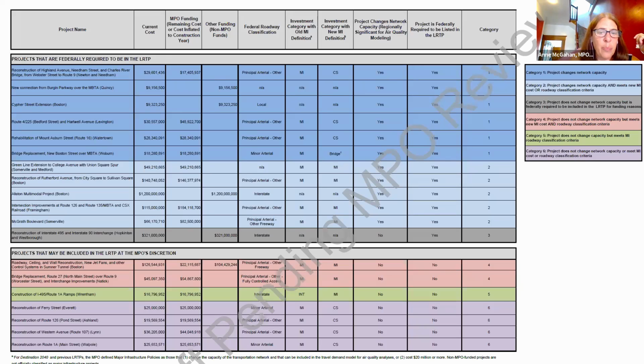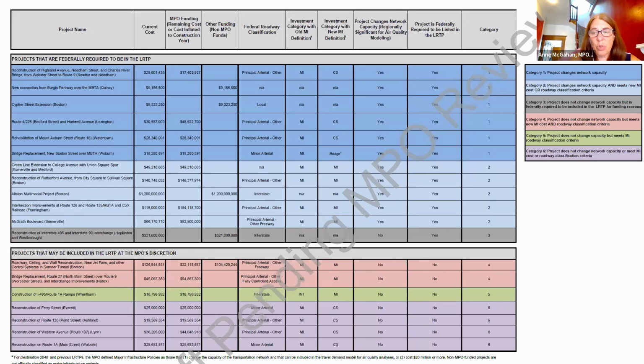and list in the plan based on our new major, our new definition. So category 4 are projects that do not change the capacity of the network, but they meet the new requirement, or the new definition. And then the green one was a project that doesn't change capacity.